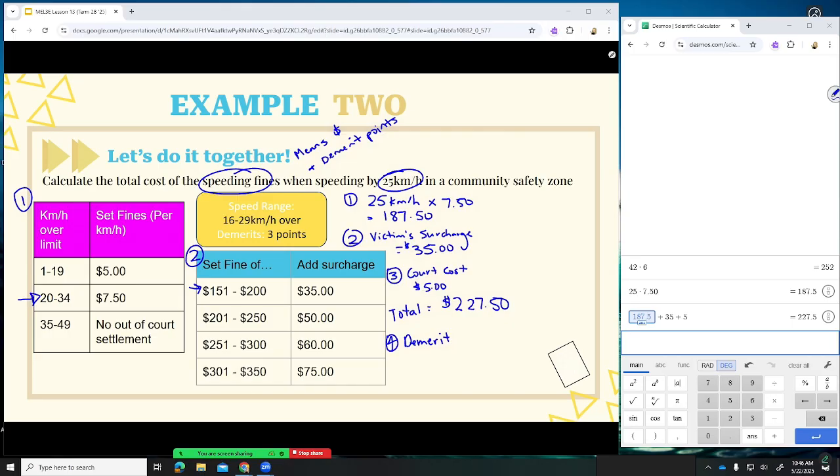And we find that if we're speeding by 25 kilometers over, we will have 3 points against us, 3 points added to our tally. Therefore, the total cost of this fine is $227.50 and 3 demerit points.